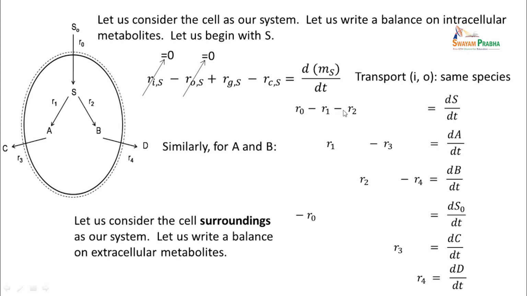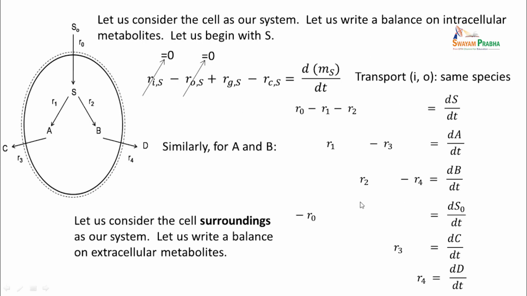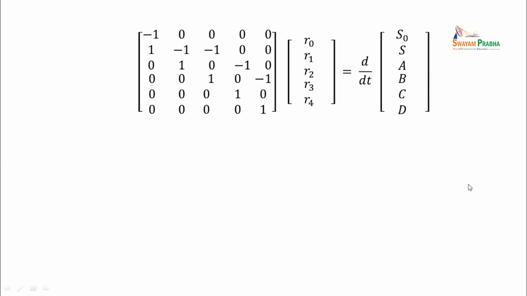R0 minus R1 minus R2 is dS/dt. One more equation just for completeness, and then we'll go forward. This first term is 0, R2 is 0, R1 minus R3 is d/dt of A, right? That's the way the representation happens in matrix form.